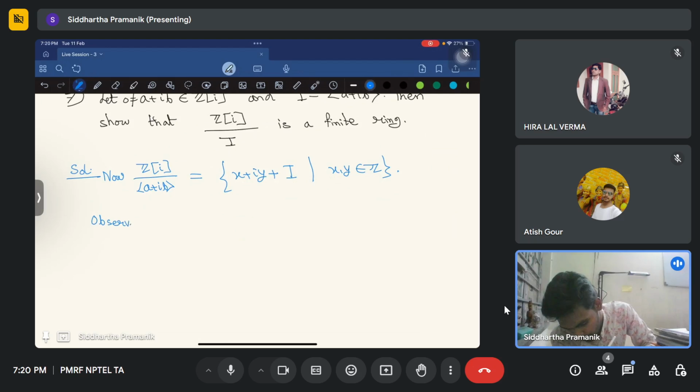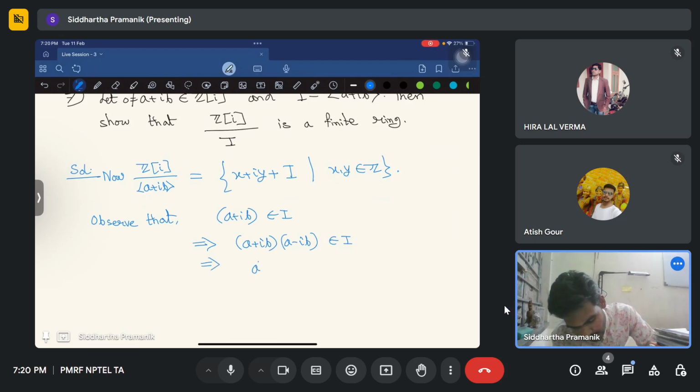So observe that a plus ib is in the ideal I, so any multiple of this will also be in the ideal I. So a plus ib times a minus ib is also in I. Now what is this product?